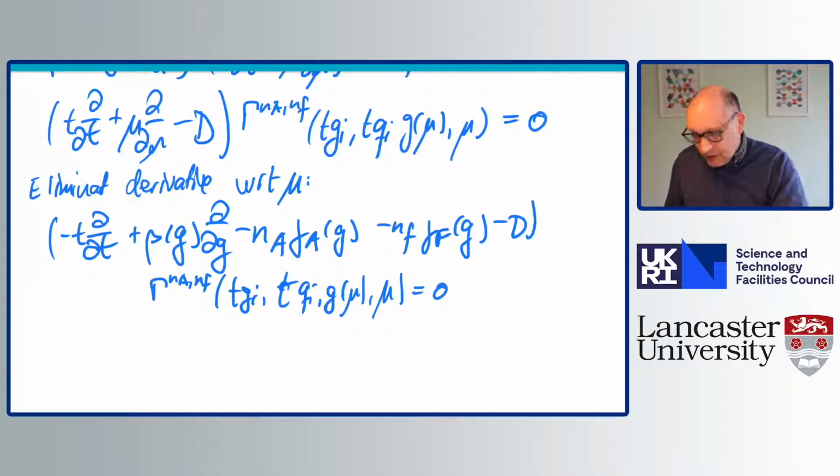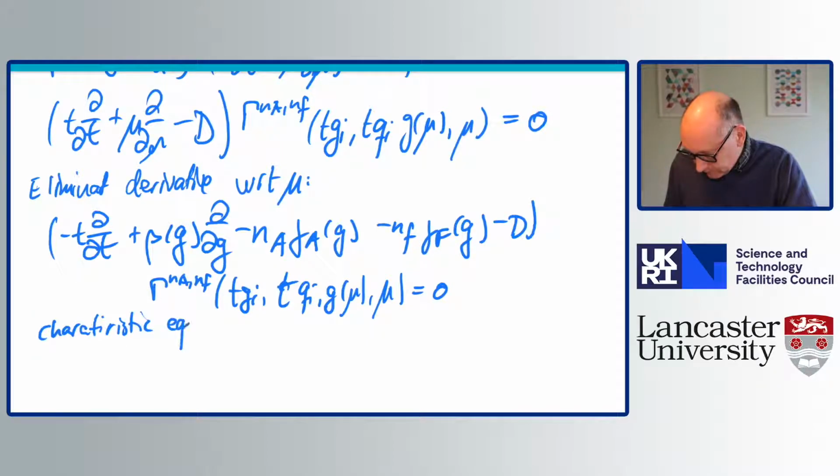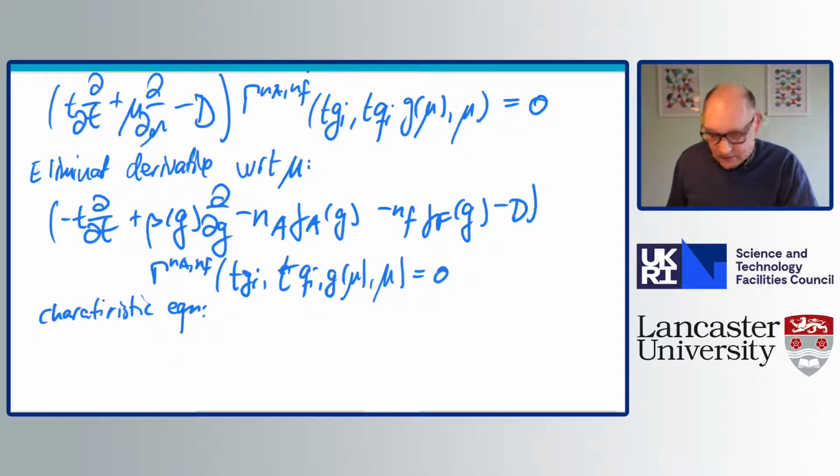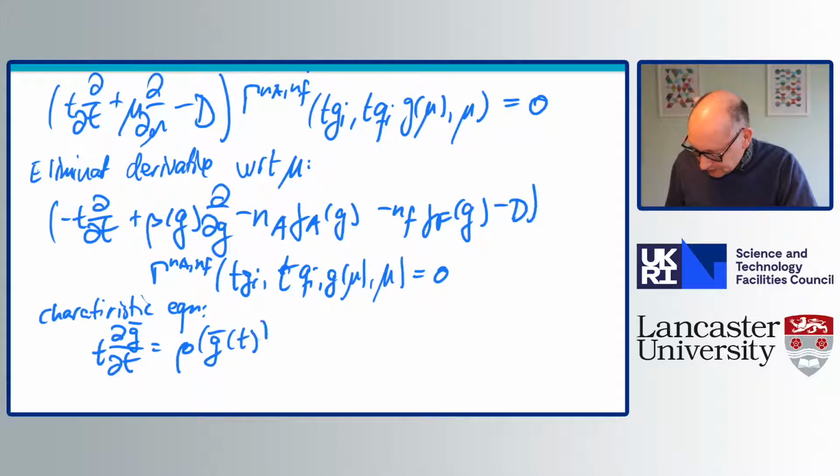Now that's a first order partial differential equation with some characteristic equations that are used for solving it. That says that t dg/dt is equal to β of g bar of t.